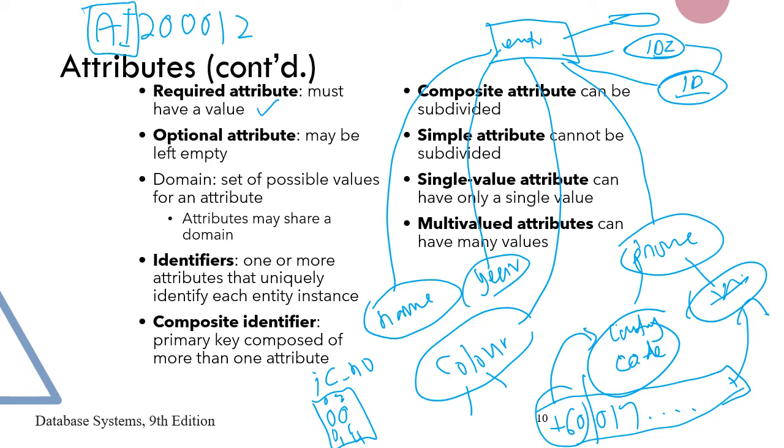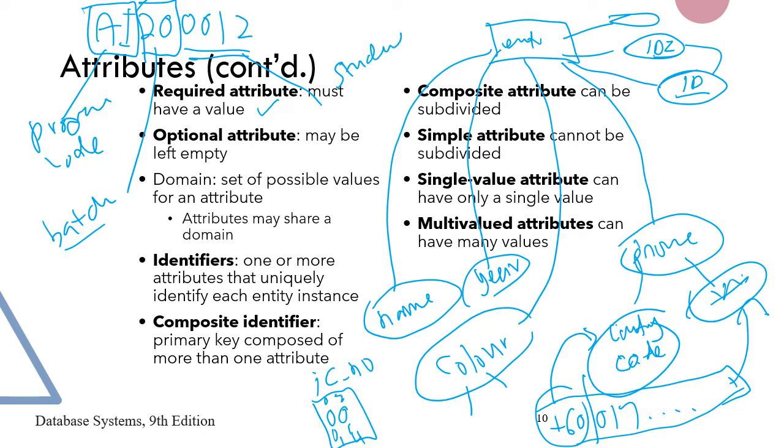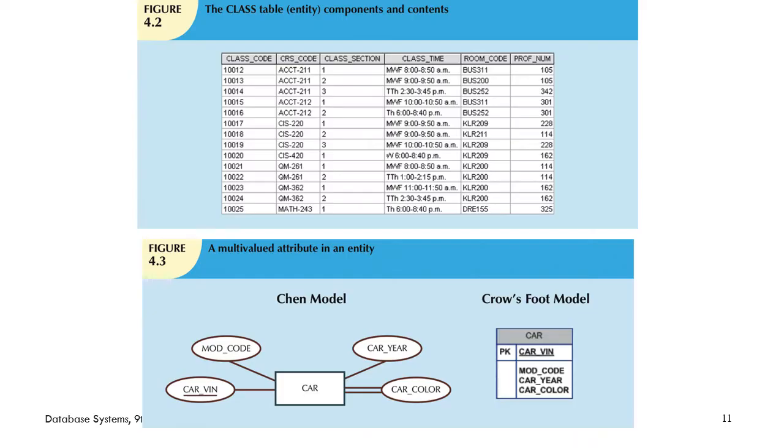This is the program code, and this is the batch number, which year you enrolled in, and the rest is the student number. So this is a composite attribute. Clear?